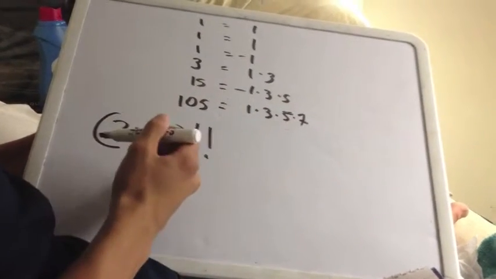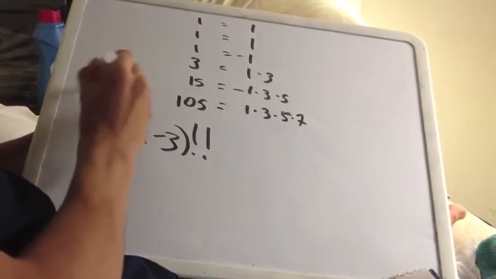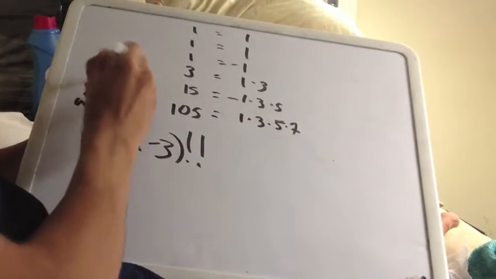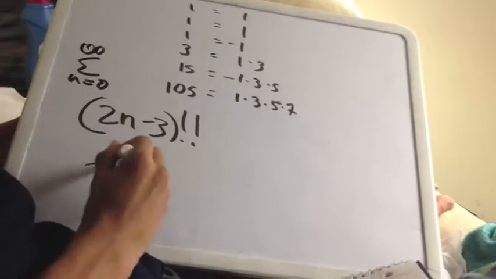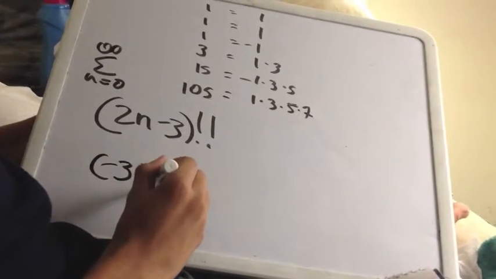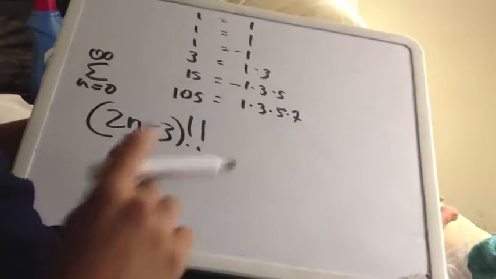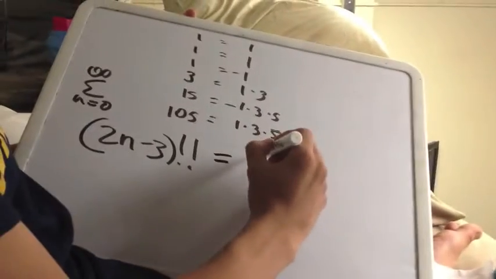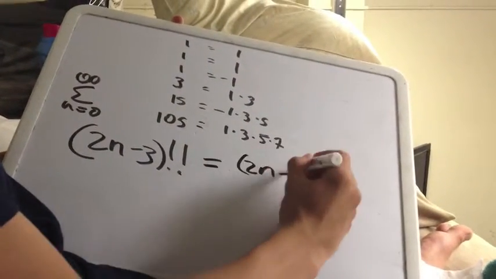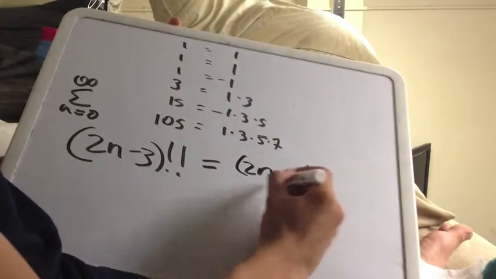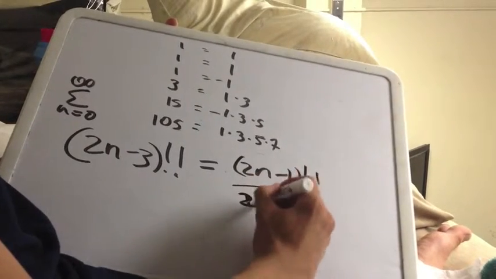But the problem with this expression is that our series goes from n equals 0 to infinity. And when you plug in 0, you get negative 3 factorial, which you can't get. So to fix that, it changes to 2n minus 1 double factorial over 2n minus 1.